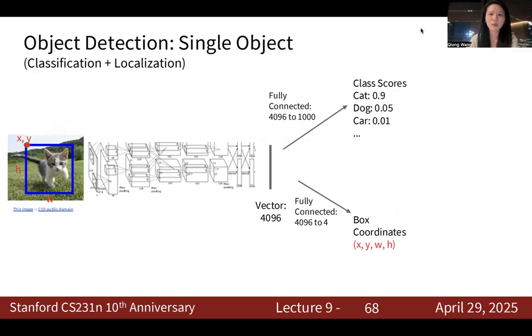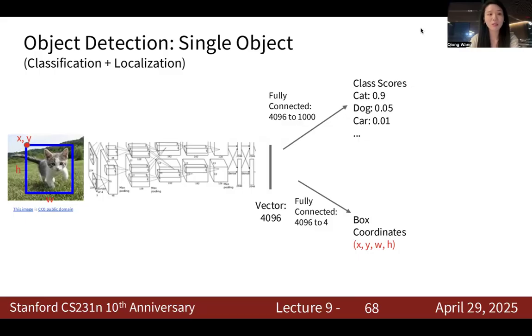For a single object, we do it like this. Through the fully connected layers, we get the class scores. For example, in this image, the class score for the cat is 0.9. If it is a dog, it is about 0.05. And for the car, the score is 0.01. And we also predict a vector, the box coordinates.